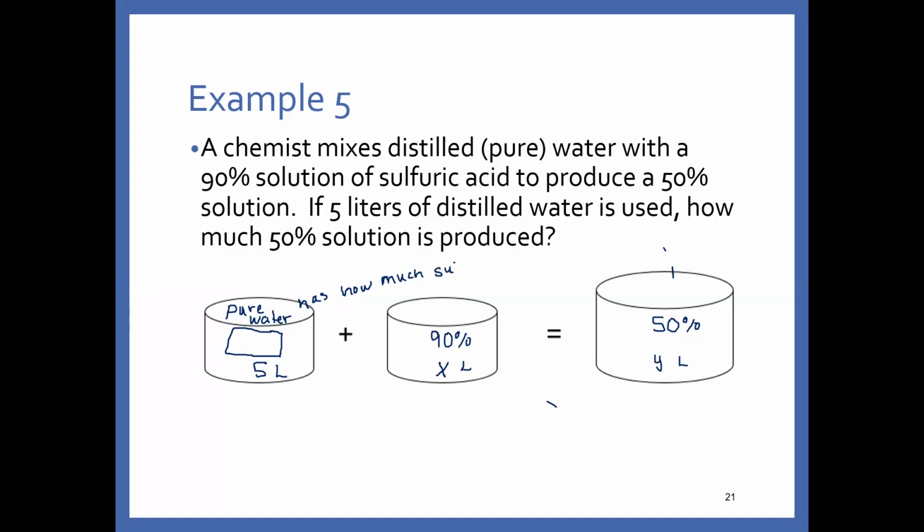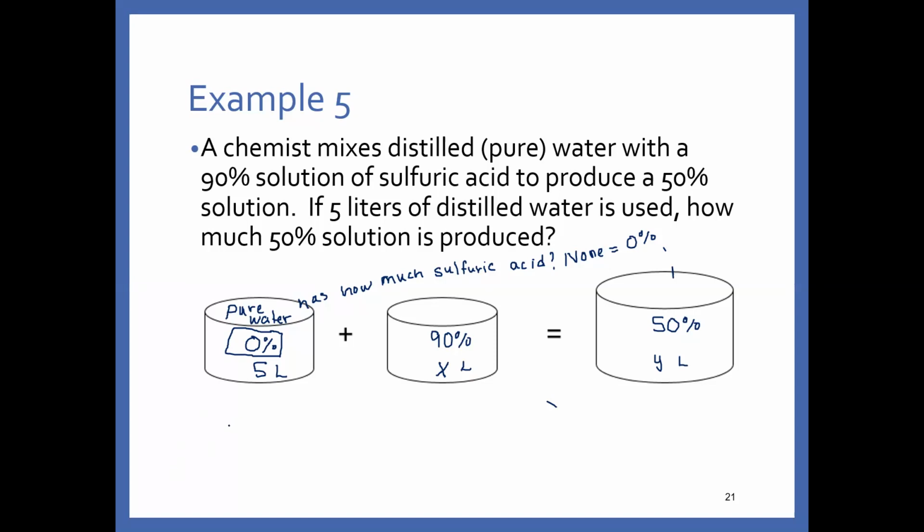And as I'm writing this, I hope you're thinking, well, if it's pure water, it should have no sulfuric acid. So the answer to that, pure water has how much sulfuric acid? The answer should be none, which would be 0%. So this first container, that pure water, is not contributing any sulfuric acid to the mixture.